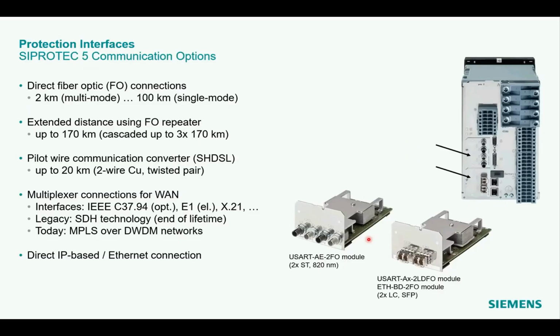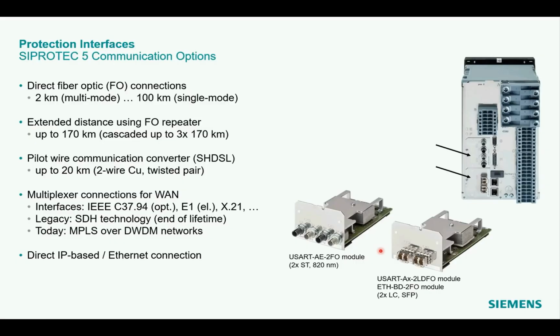This is such a communication module where you have 2 fiber optic connections, 2 times ST connector, 820 nanometer. Or this could be another option, a serial communication module with the USART for the long distance, or the Ethernet BD module with 2 fiber optic using twice LC SFPs.